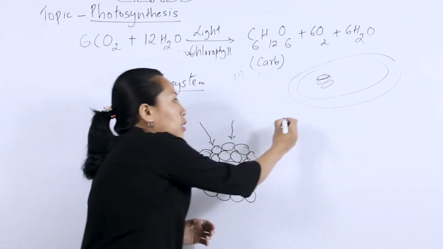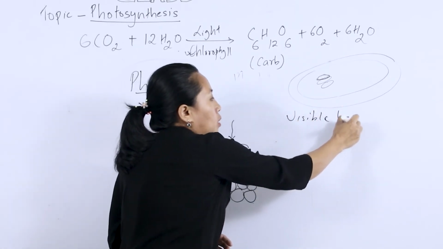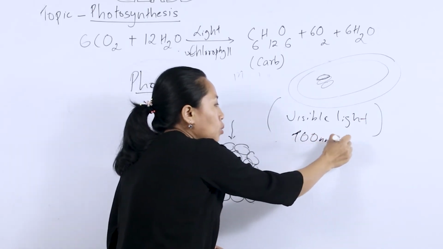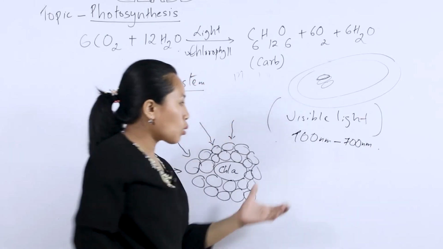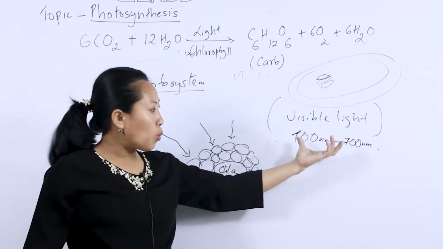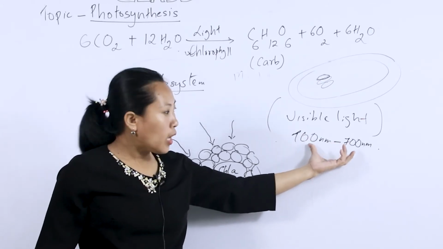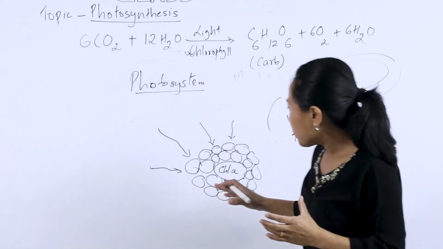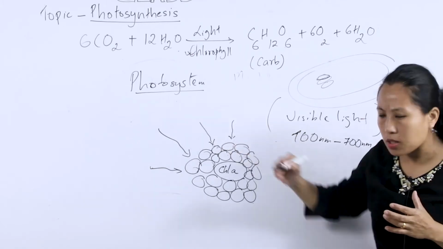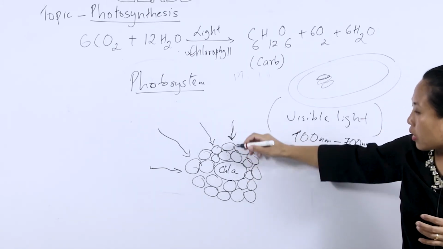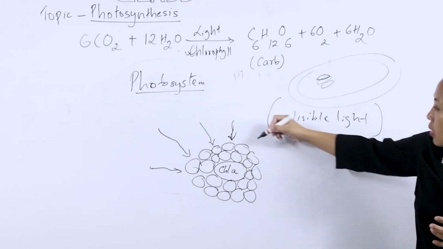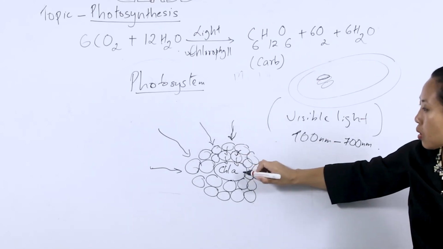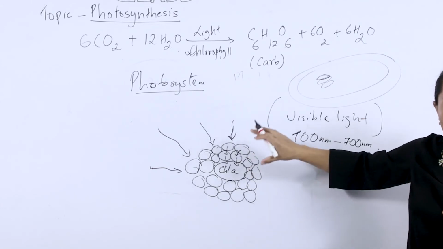The light within which photosynthesis takes place is the visible light, which has a wavelength of 400 nanometers to 700 nanometers. It is within this range that photosynthesis is carried out, and different pigments absorb different wavelengths of light within this range. The pigments which surround the reaction center absorb light of their respective wavelength and transfer the energy to the reaction center, which is a chlorophyll A molecule, slightly bigger than the other pigments.